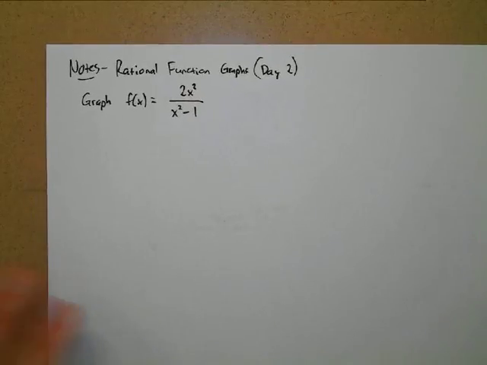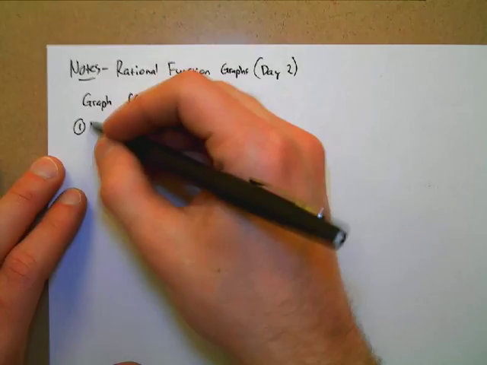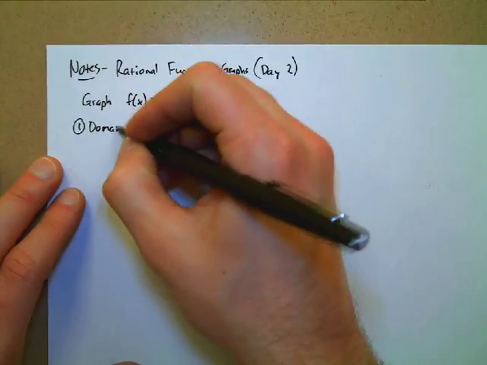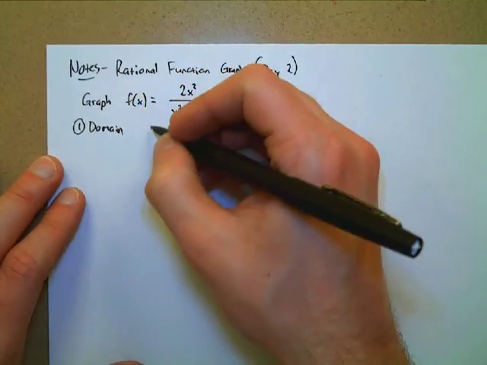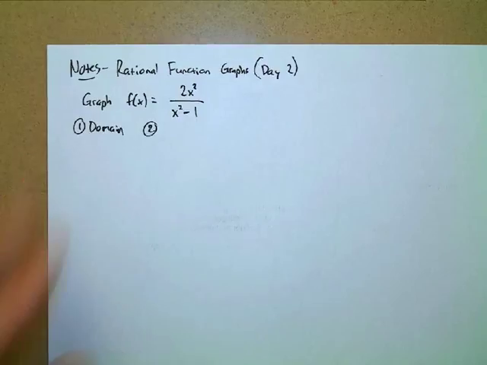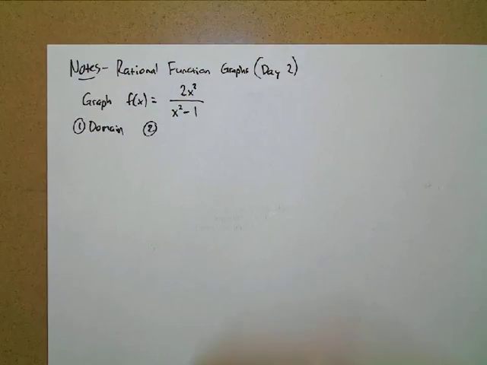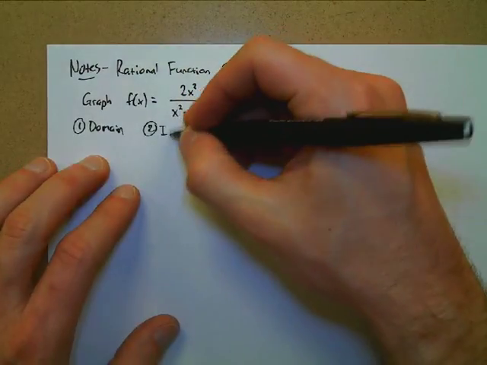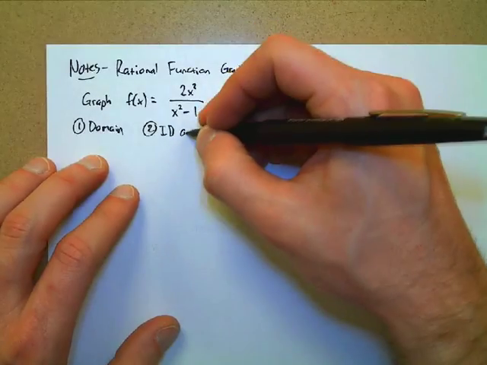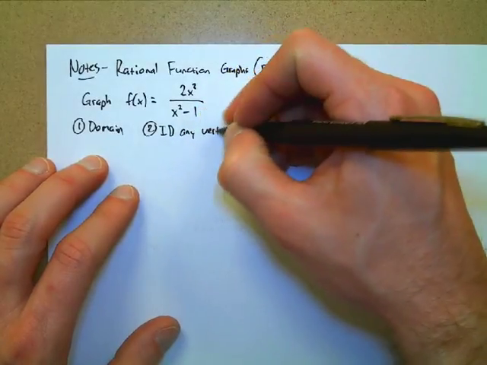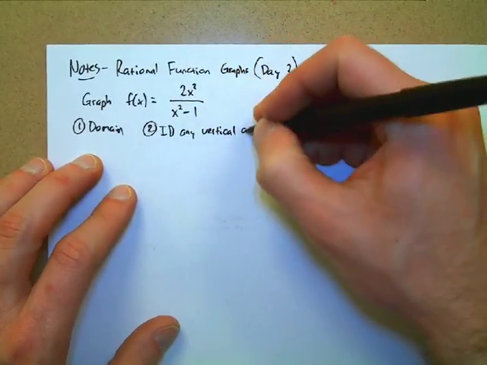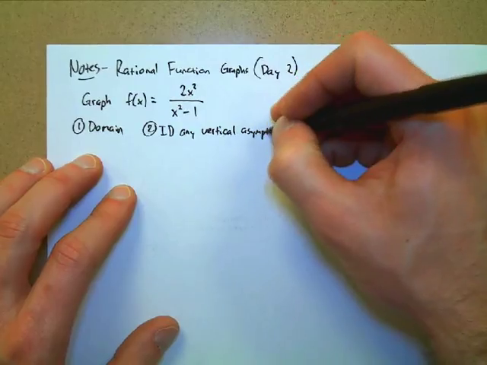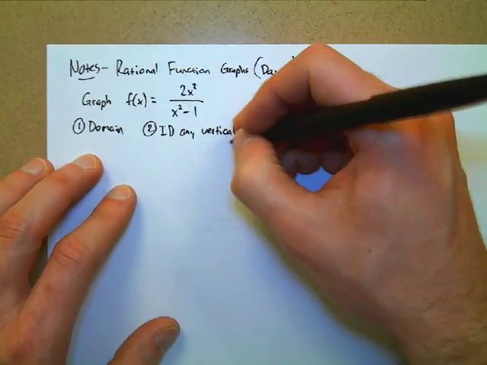I'm going to list them out here. The first thing we want to be able to identify is the domain. Then we want to identify any vertical asymptotes or poles.